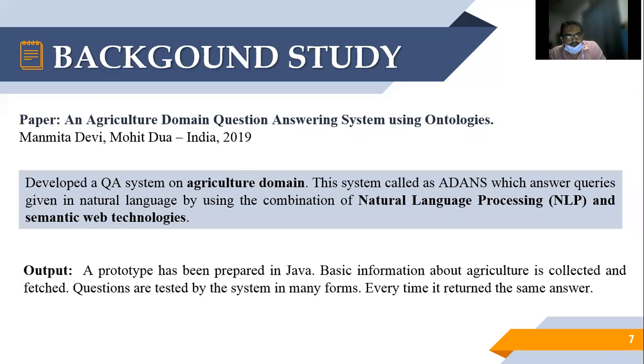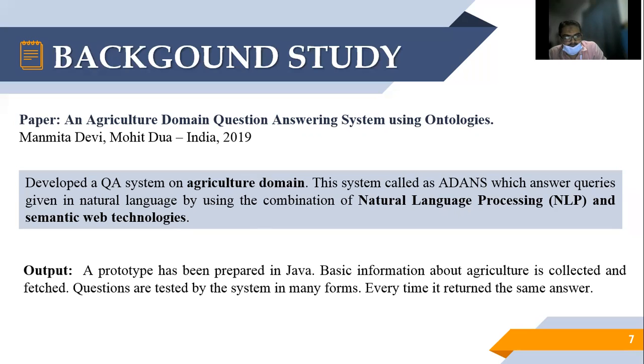The other one, an agriculture domain question answering system using ontologies, was also published in 2019. They have developed a QA system on the agriculture domain. They have used techniques in natural language processing and semantic web technologies.